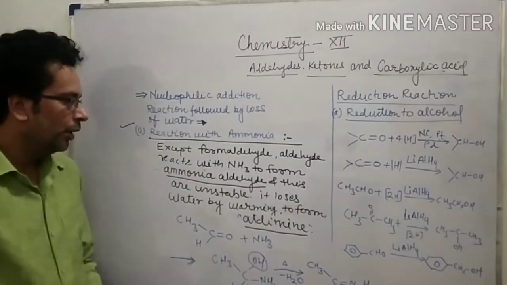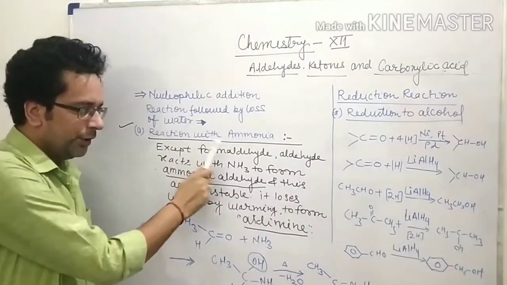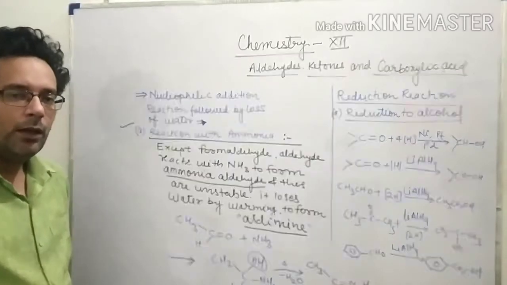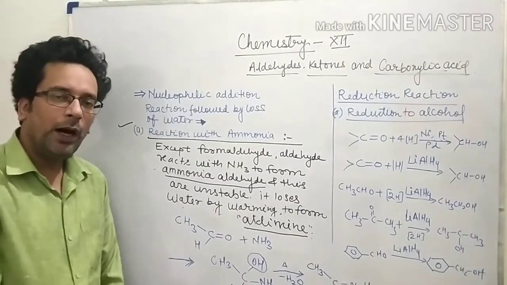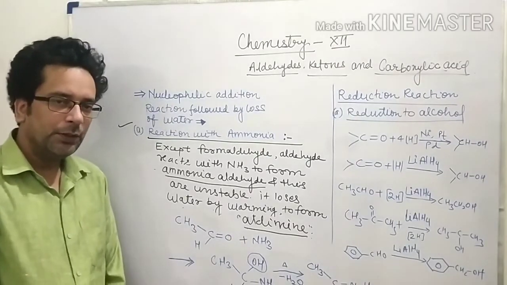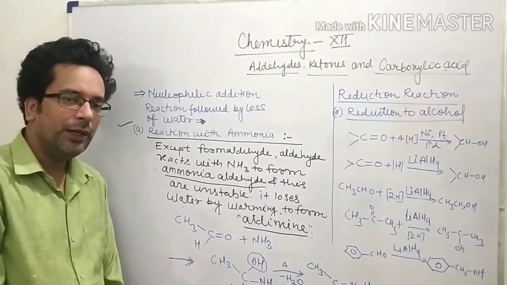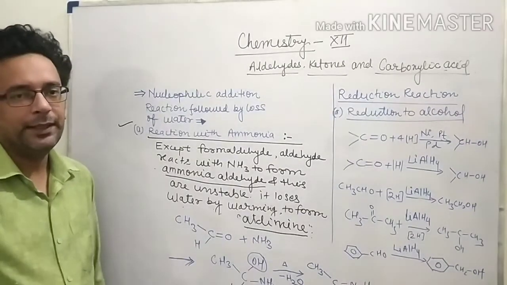So in the first reaction, with ammonia, except formaldehyde, other aldehydes react with ammonia to form aldehyde ammonia, which is very unstable and loses water by warming and gives a stable product, known as aldimine.